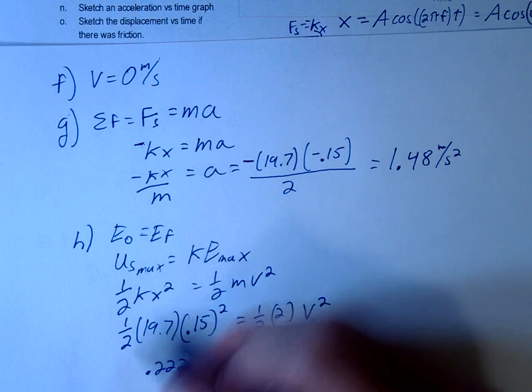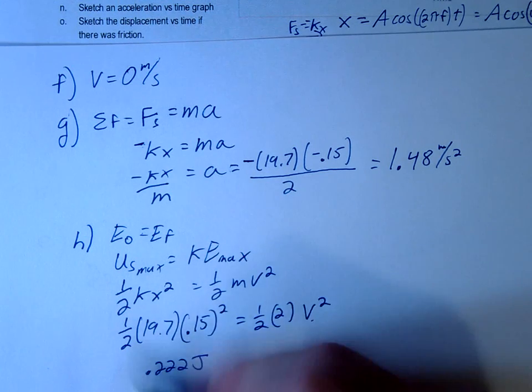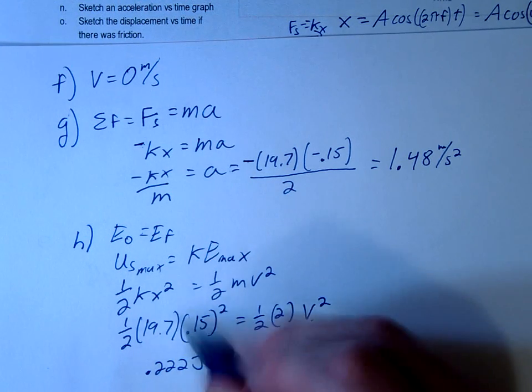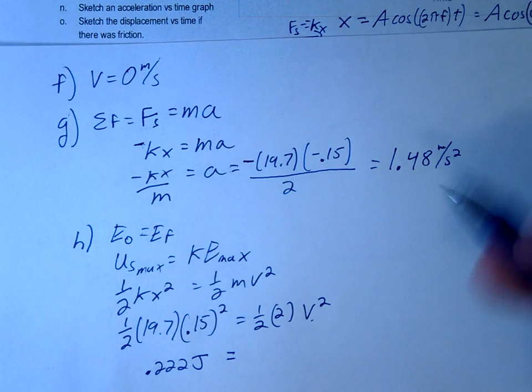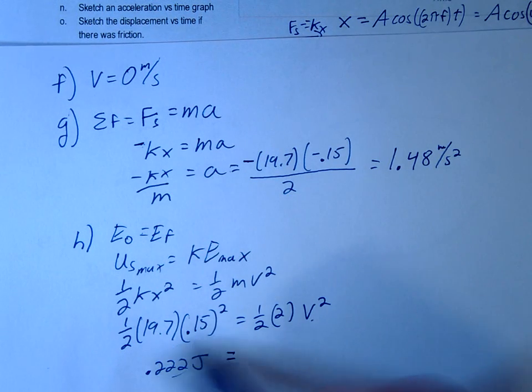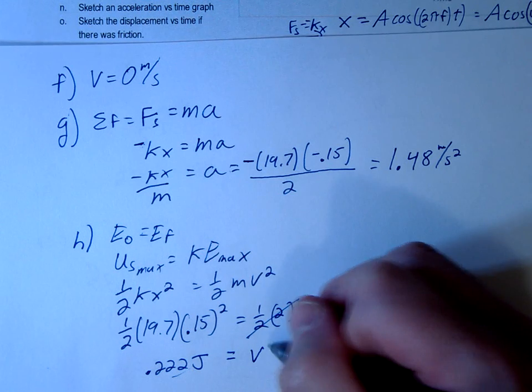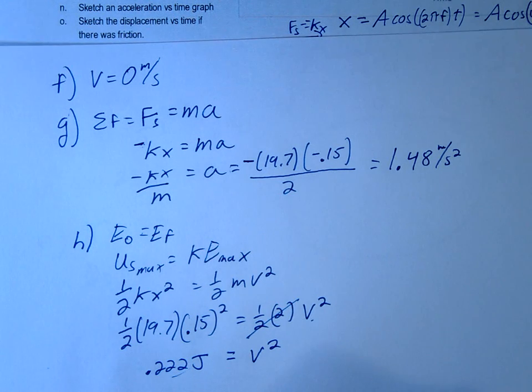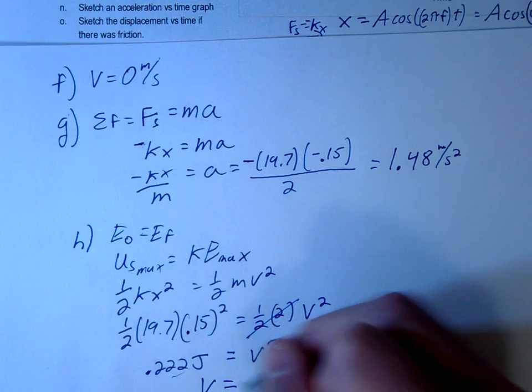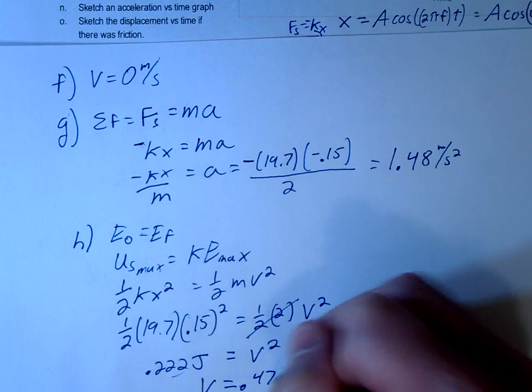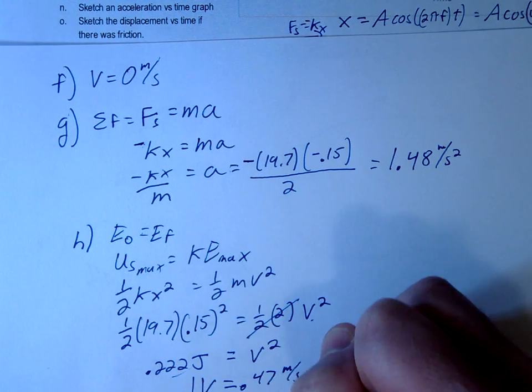So this is the maximum energy of the system, by the way. So once I know this number, I can solve for the energy anywhere because I know it's going to stay constant since there's no friction. 2 cancel, that just equals v squared. Solve for v, square root that, and you get 0.47 meters per second for v.